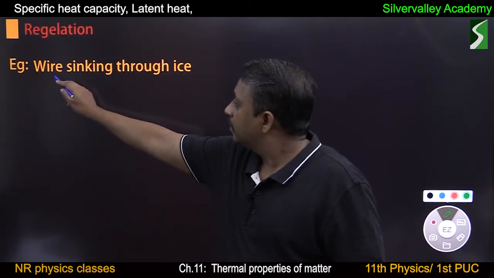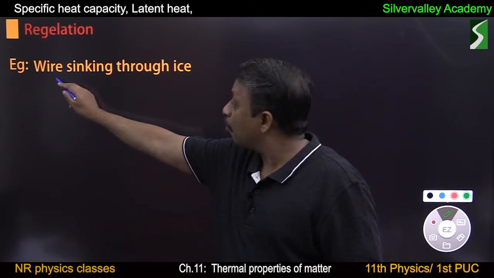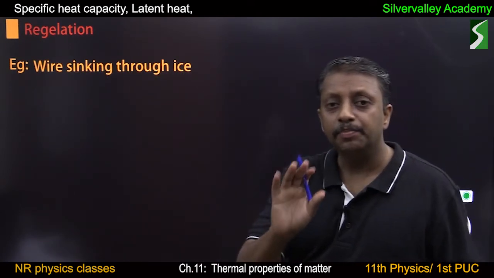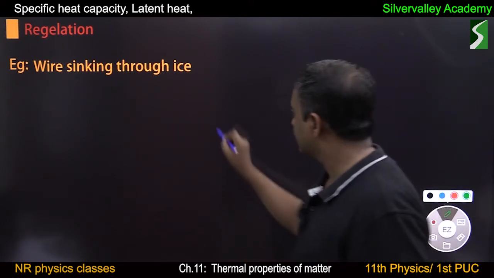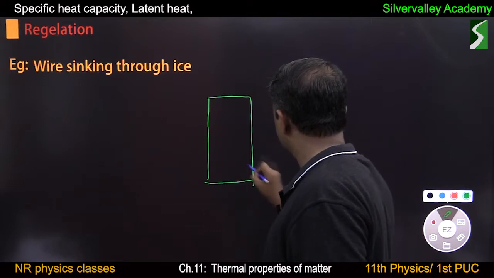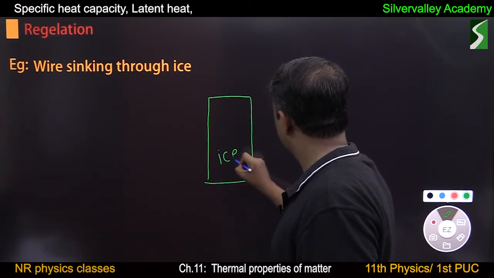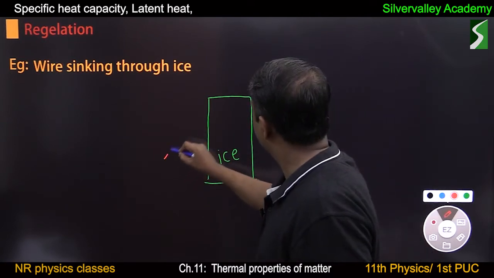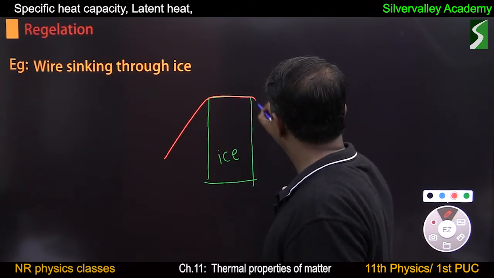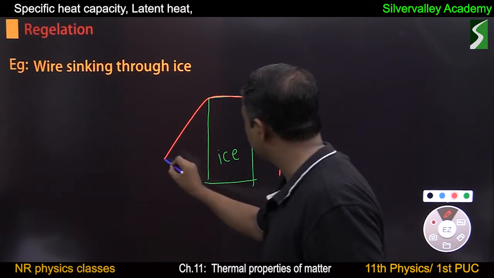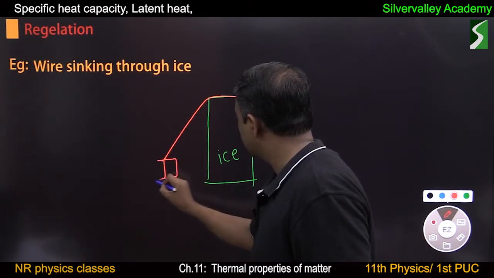Regelation, one more example is wire sinking through ice. Okay, simple and small experiment. This is ice. This is a wire, and the ends of the wire are connected to two masses.